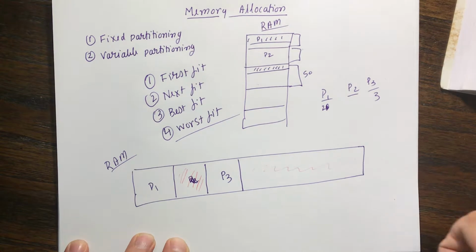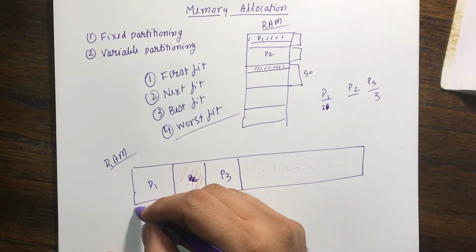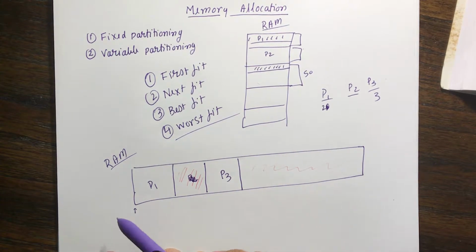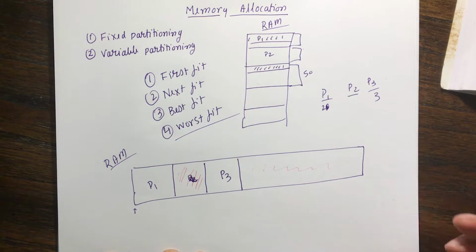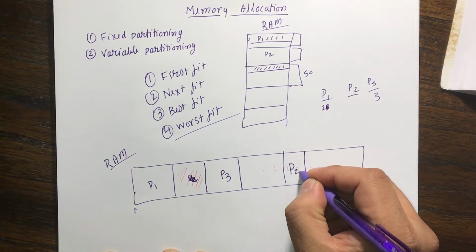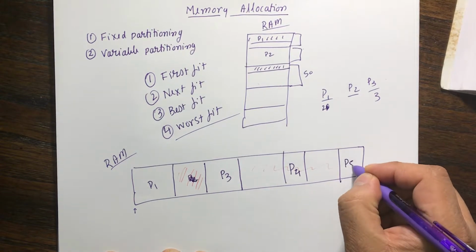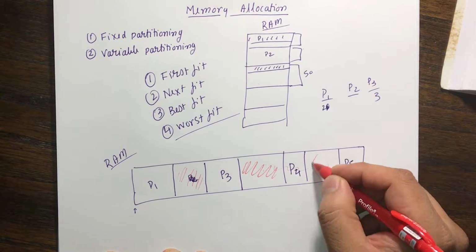Okay, so let's see what these are. For first fit, you have a pointer over here and you go through your entire RAM and try to figure out a hole where you can fit it. So let's put some more processes in there. Let's say there's P4, and P5 is running over here, and we have our empty spaces, and these are our different holes.